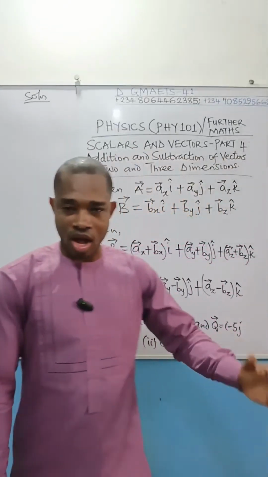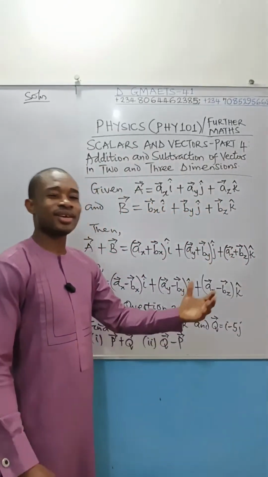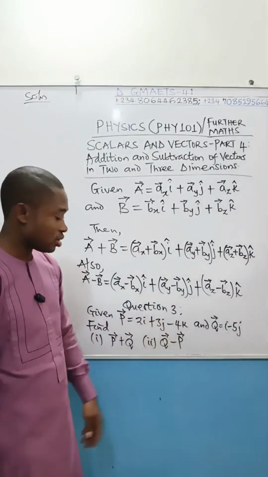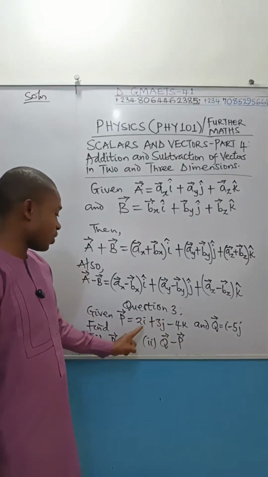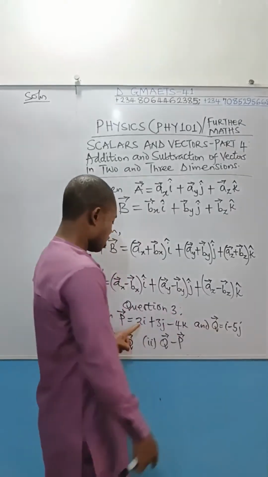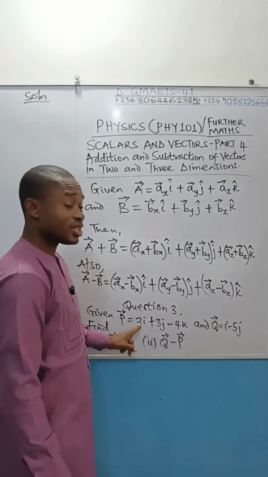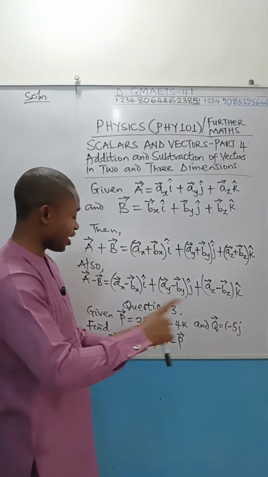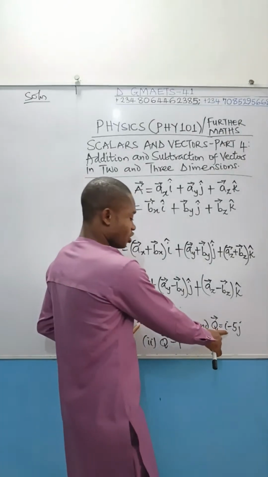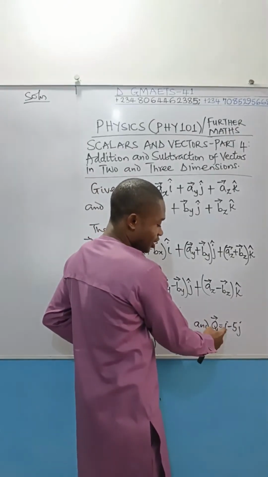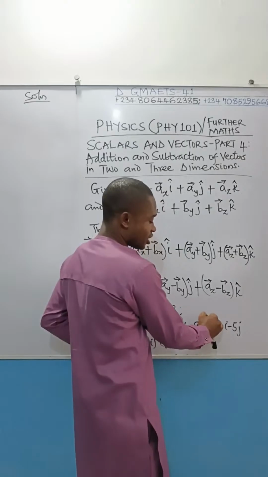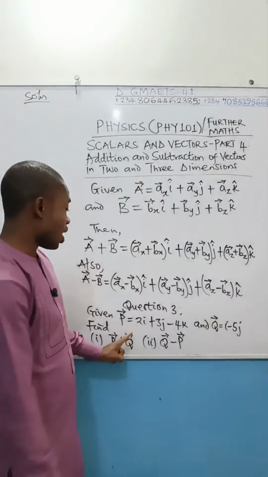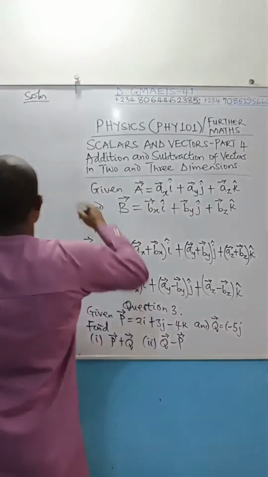The i to i, the j to j, the k component to k component. That's it. Like in this case, it's simply, you have i here, have i here. The coefficient of this i, which is the scalar component of vector P along the x-axis, is 2. For that of Q, the scalar component along the x-axis, this i here has invisible 1. So you are adding 2 to 1. Anyway, let's move on straight, please.